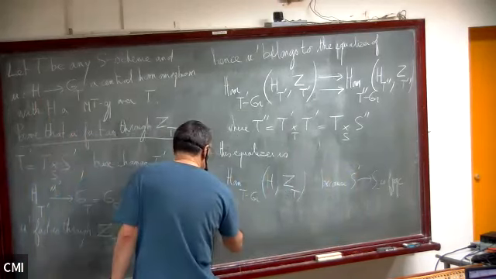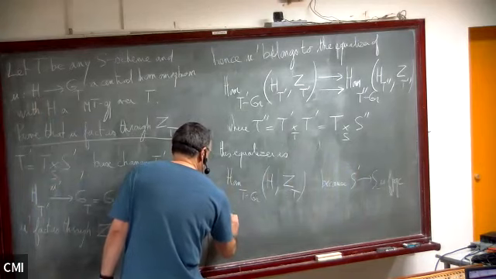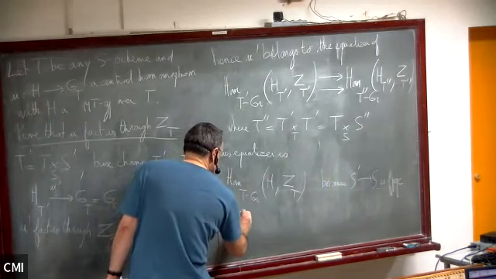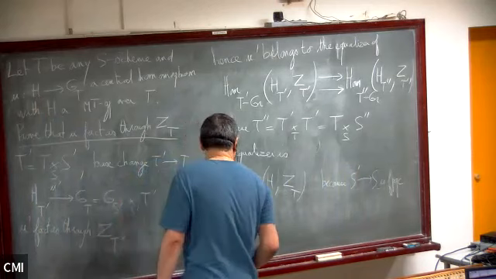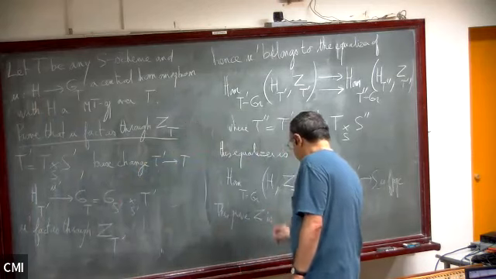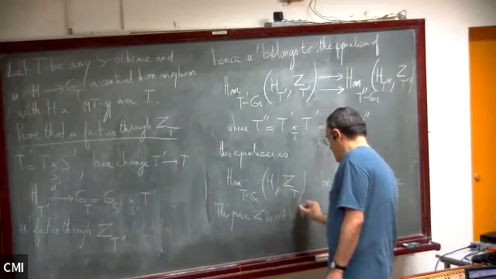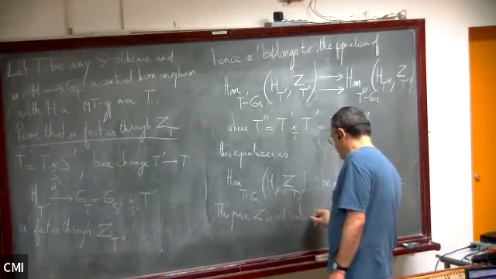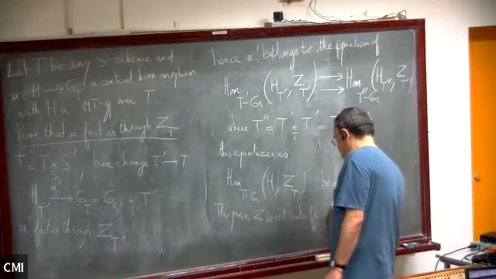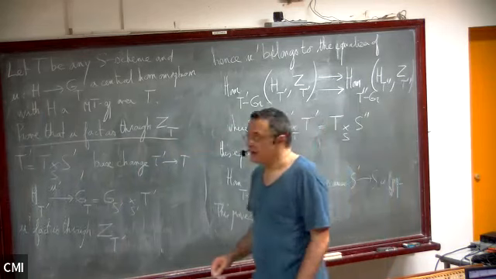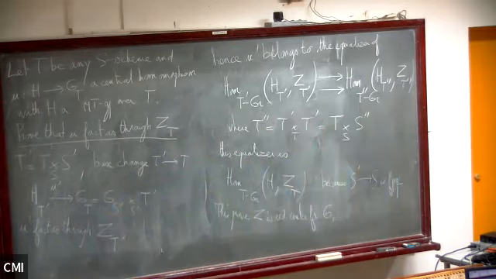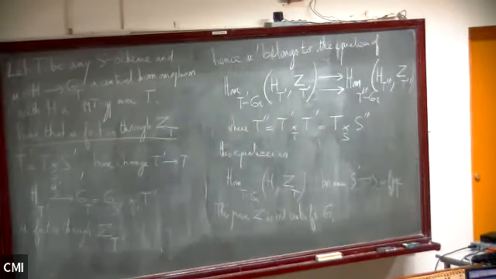So this proves Z is a reductive center for G. Okay, so this is the crucial thing.